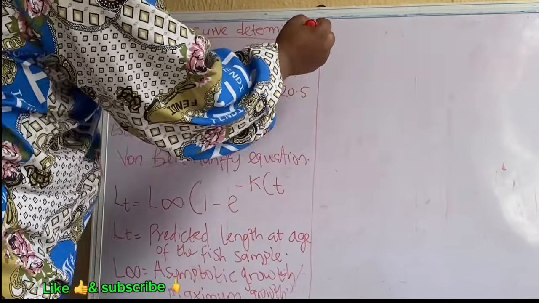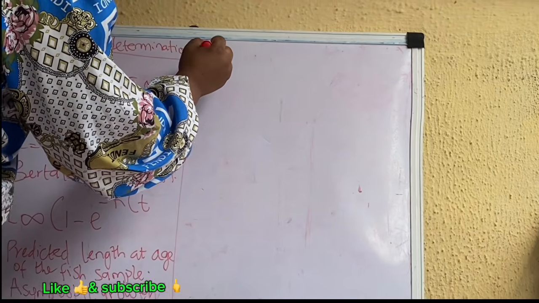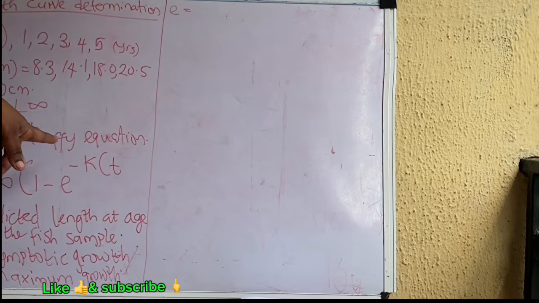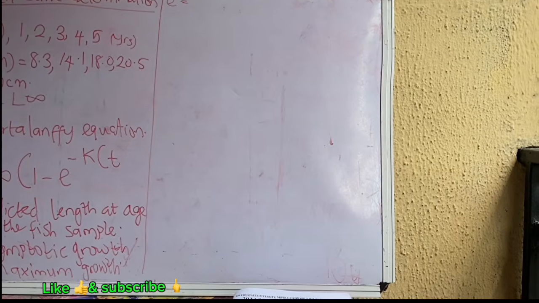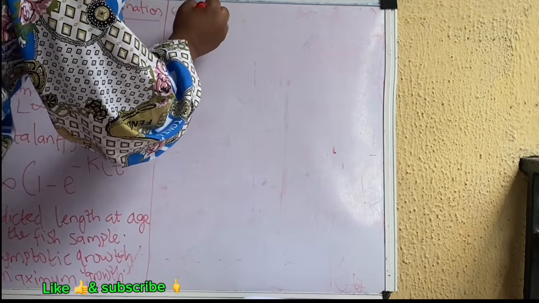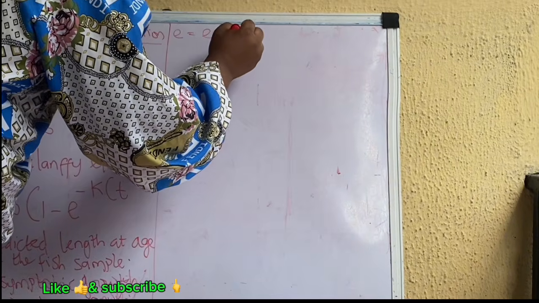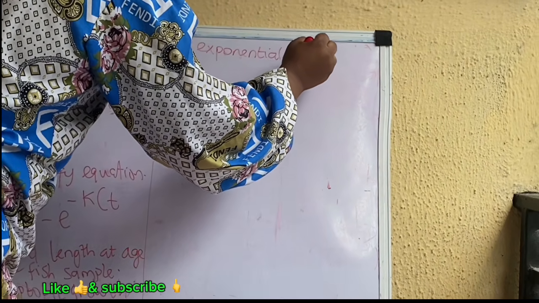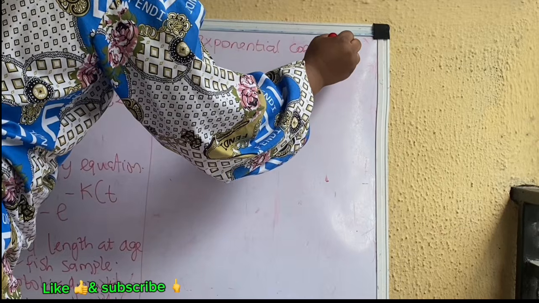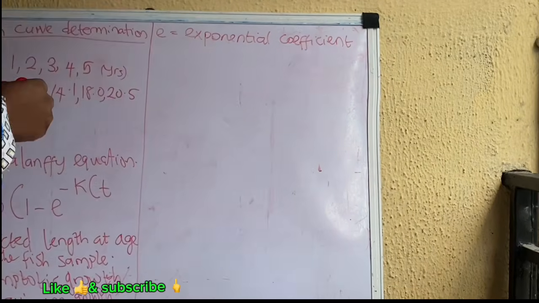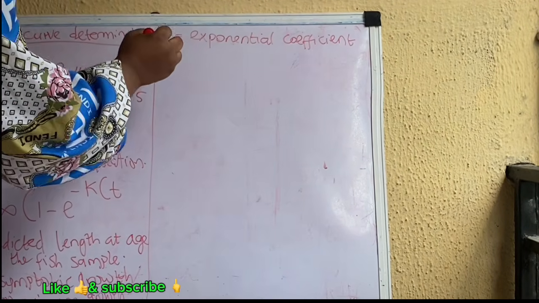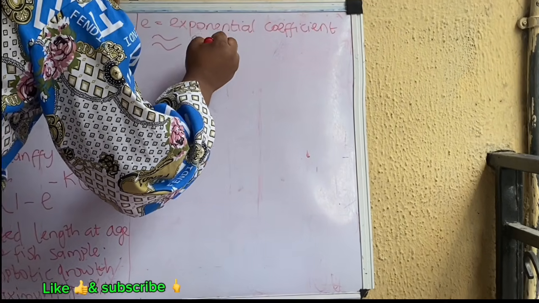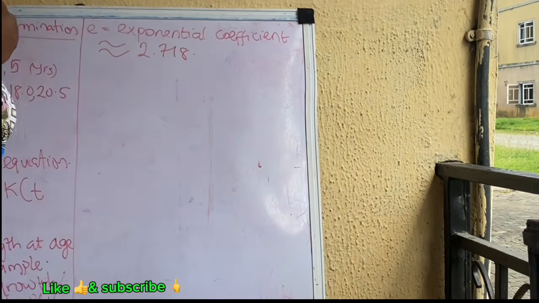Then the E, and don't forget we have the K too. The E is known as the exponential coefficient, and this exponential coefficient is constant, 2.718. That's the value for it.